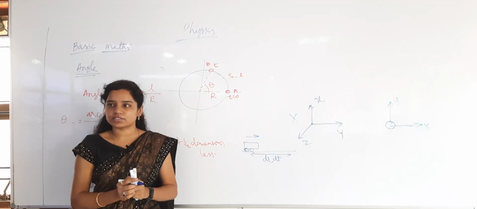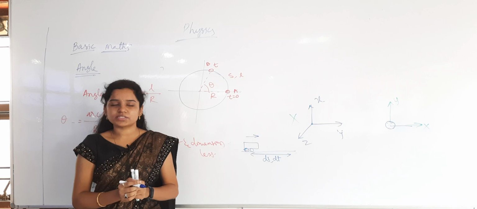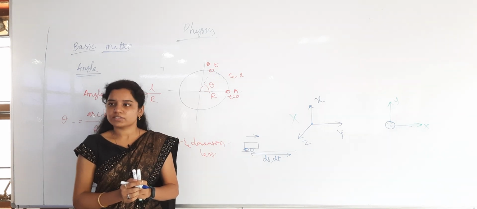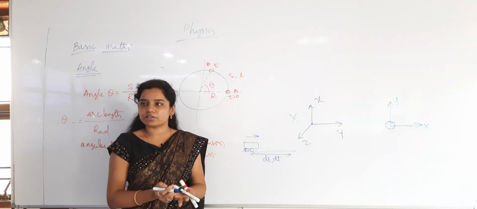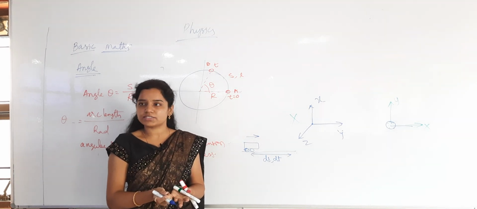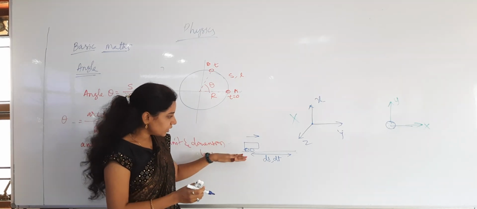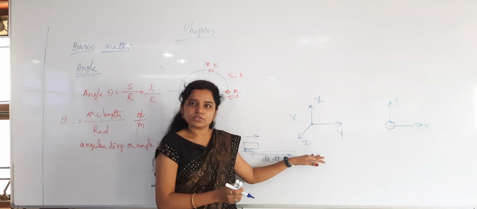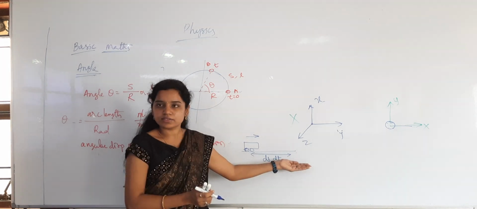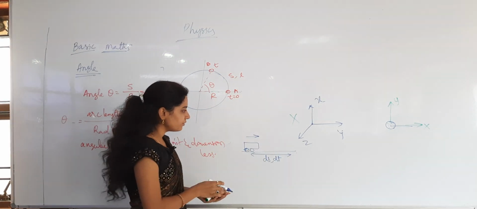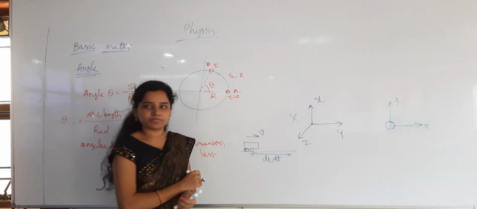In the same direction or any other direction? Same direction of motion. Is that correct? Whenever it is moving in this direction, the velocity will be in the same direction. There is no doubt about that. So, the body is moving in this direction, making some displacement ds here, so the velocity of the body will be in this same direction.